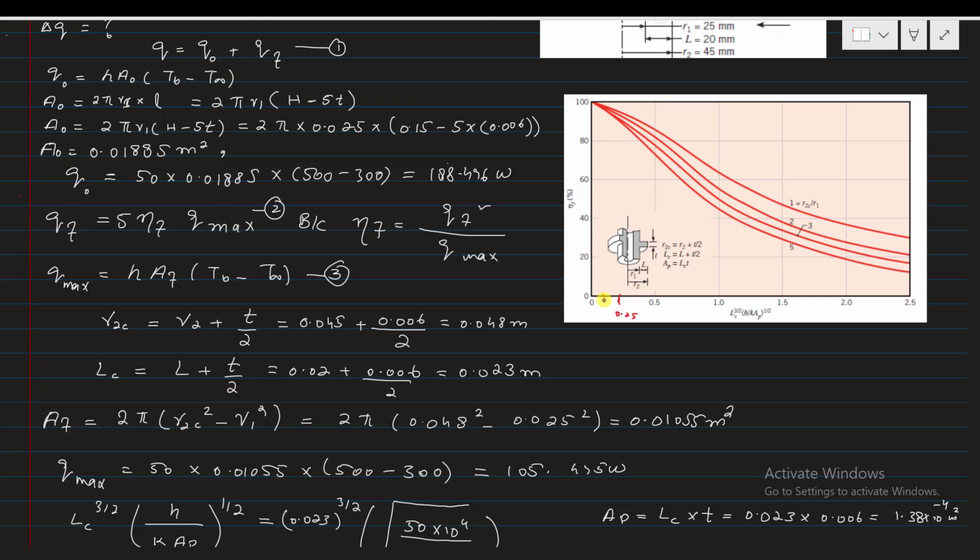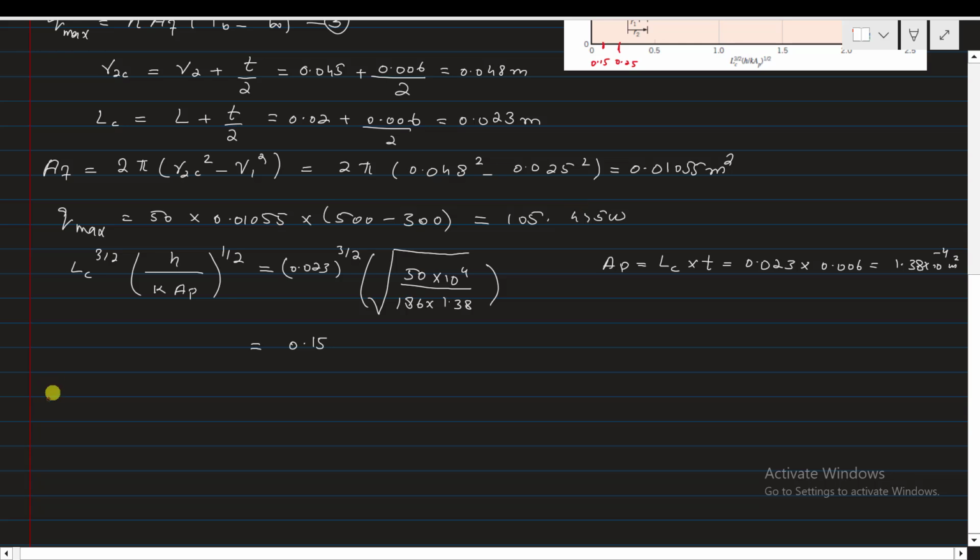So here our value lies in this region, 0.15. So if I look at this 0.15, the corresponding value of the fin efficiency will lie almost in the 95 region. So 95% efficiency of the fin.